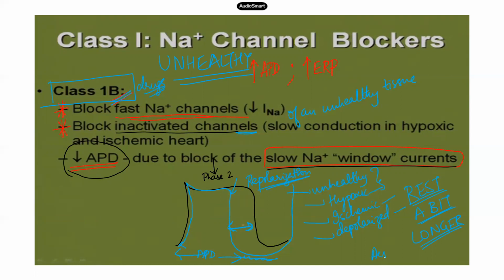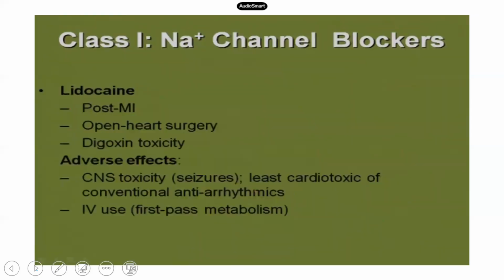Now, these drugs basically are used post-MI. That means if you consider this to be a heart, in post-MI, after the myocardial infarction is done, there is a bit of ischemic tissue left.